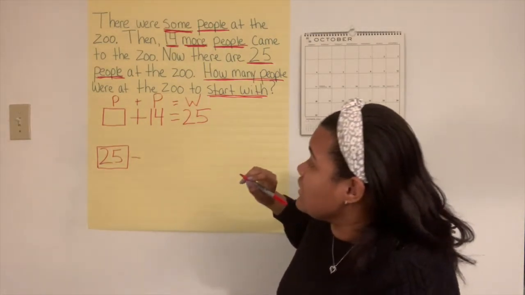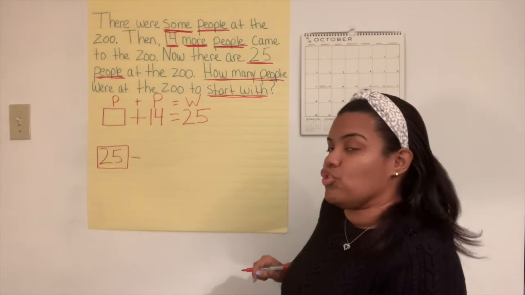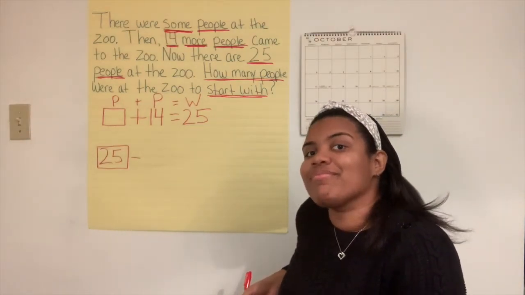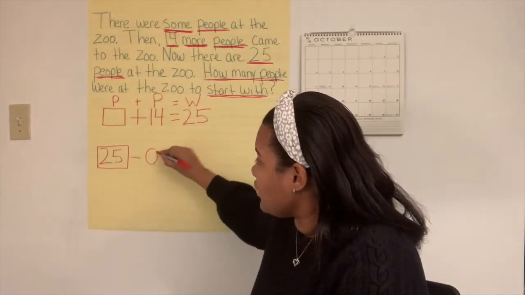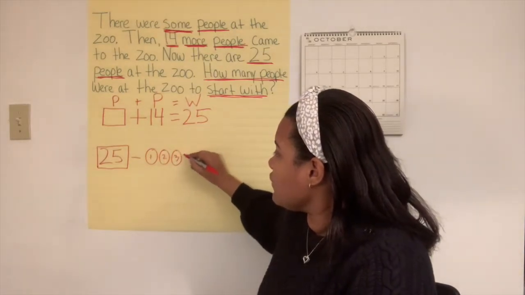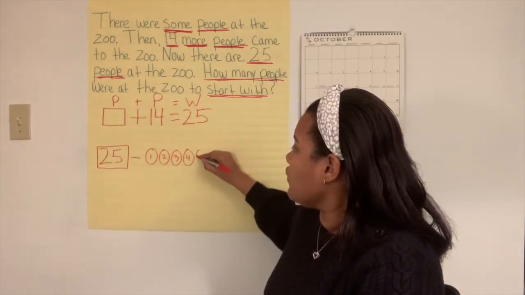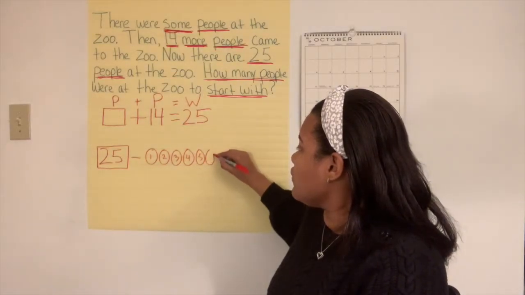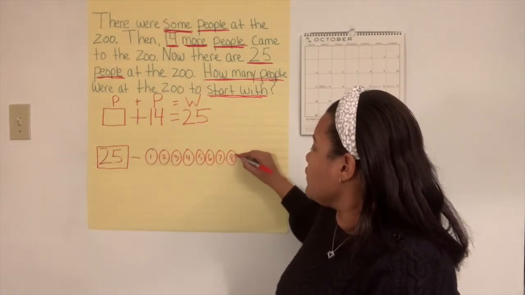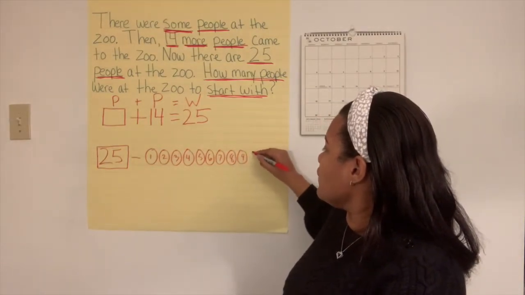So right. Now, we need to draw circles, right? How many circles do we need to draw? Yes, we need to draw 14 circles. Count with me. 1, 2, 3, 4, 5, 6, 7, 8, 9, 10.